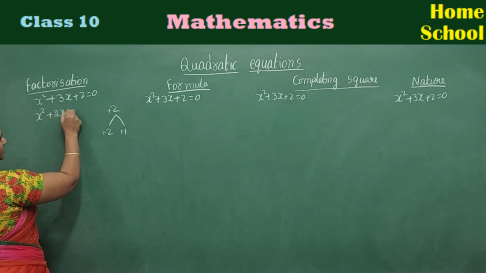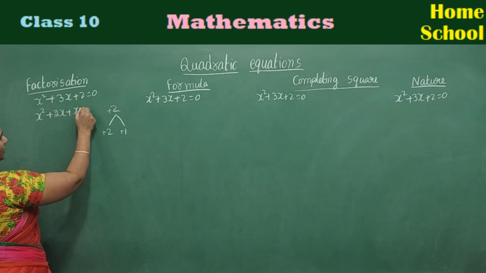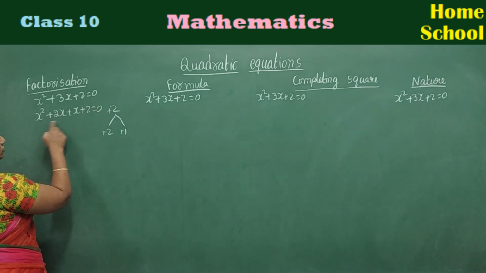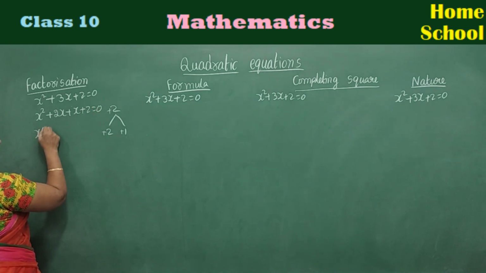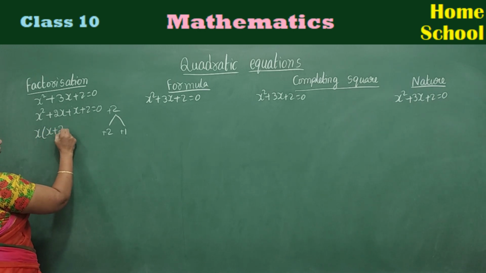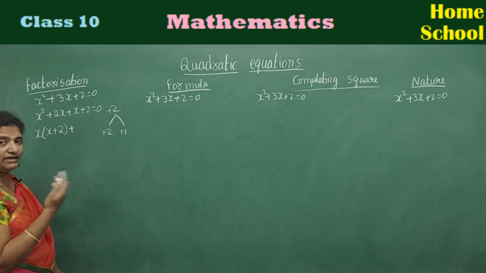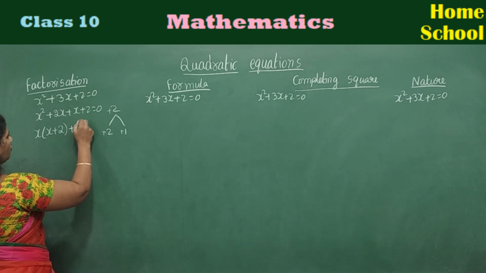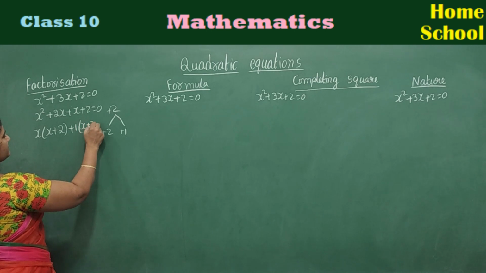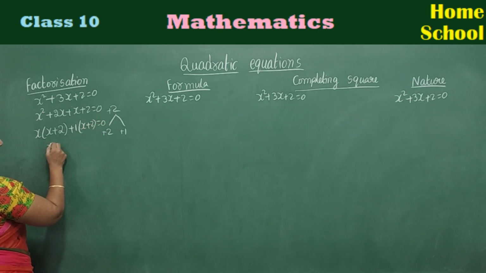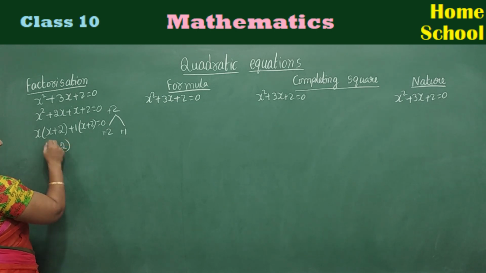x square plus 2x plus 1x plus 2 equal to 0. Among these two terms, x is common. Take out x, plus 2. Among these two, nothing is common, which means you can take 1. 1 into x plus 2 equal to 0. Now among these two sets again, x plus 2 is common.